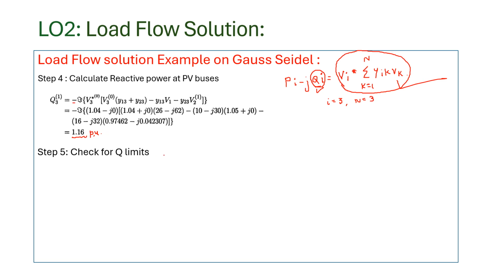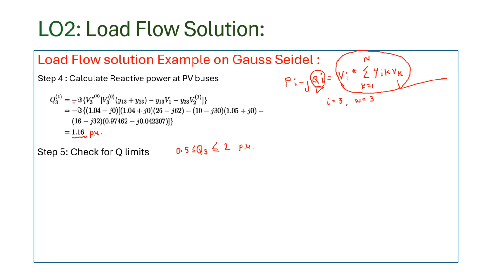Now sometimes the reactive power generation limit for a particular generator bus is specified. For example, say Q at the third bus is specified with a minimum of 0.5 and a maximum of 2 per unit.